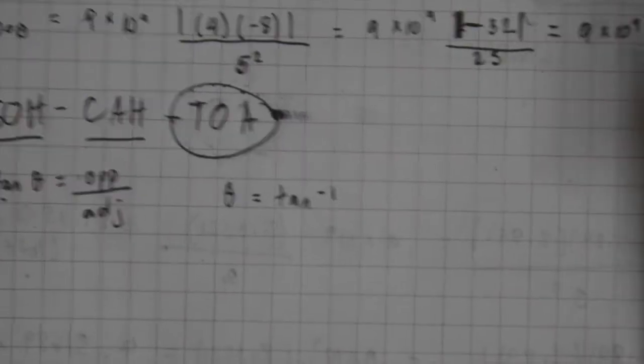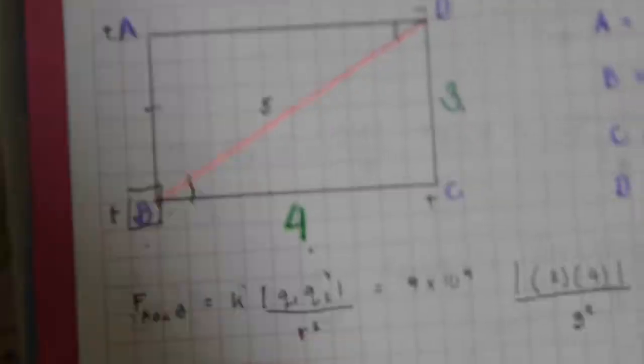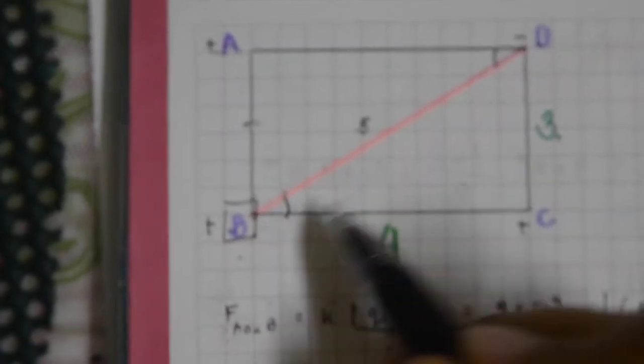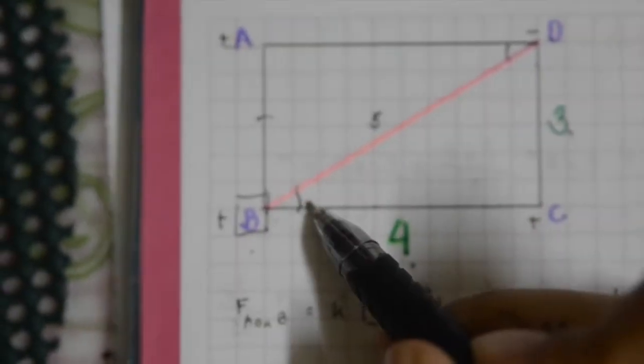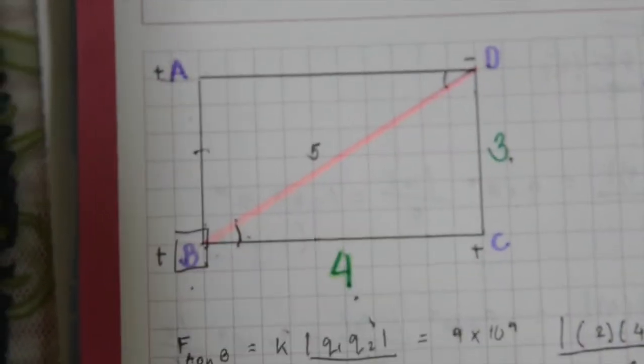Okay. So tan -1, then we have opposite over adjacent. So let's go back. The side that is opposite to this angle is this one, so that is 3.